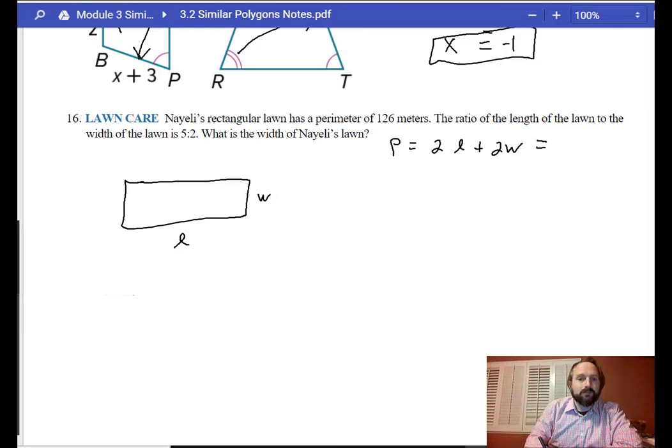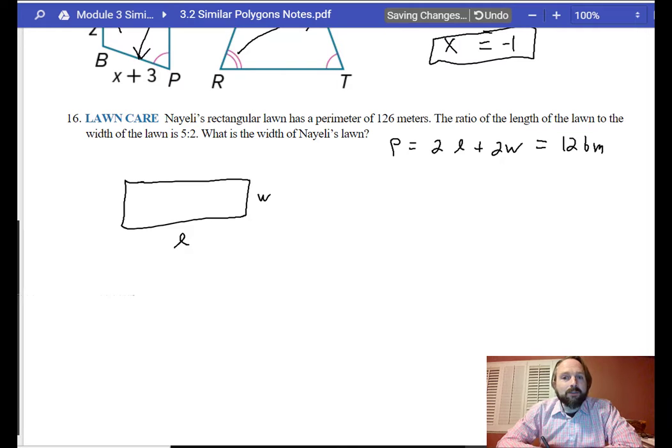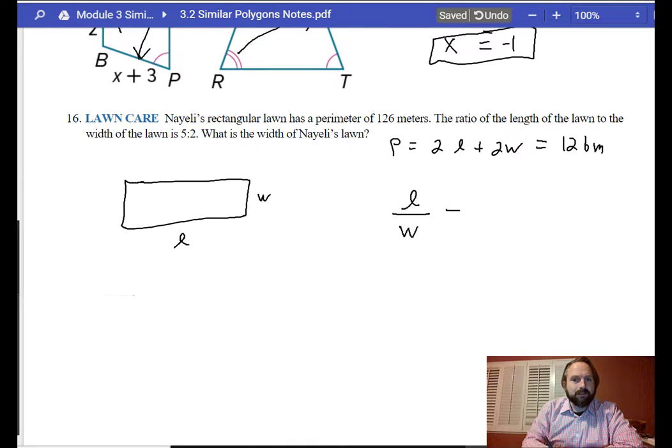And so I know that's equal to 126 meters. The ratio of the length of the lawn to the width of the lawn is equal to 5/2. What is the width of Nayeli's lawn?